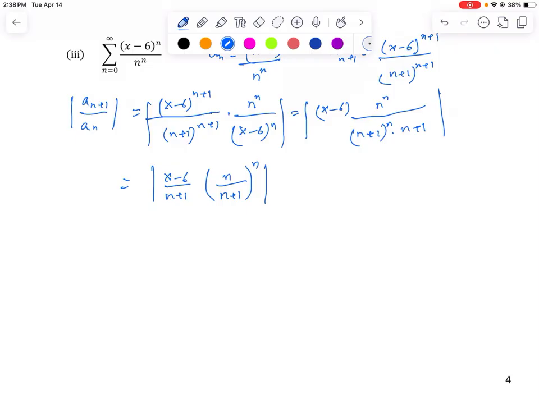Okay, so now at this point, we can apply the limit, or you can go one more step. How do you simplify this? When you have to apply the limit, you basically divide by n each term, and you will end up getting 1 over 1 plus 1 over n. You can also think of it this way.